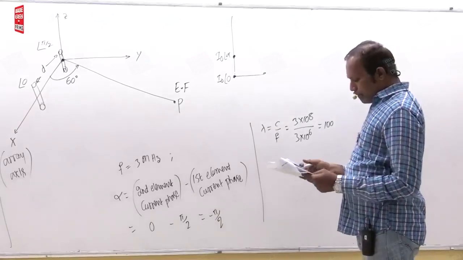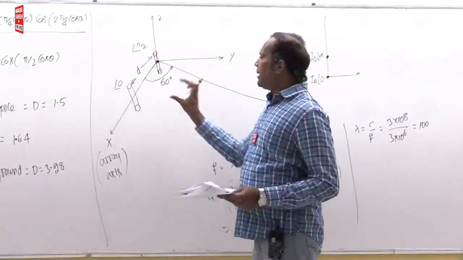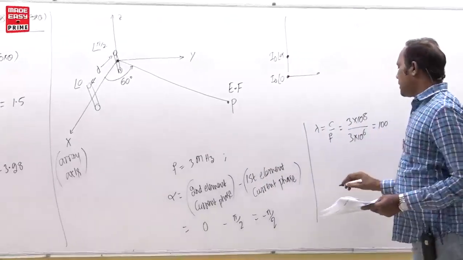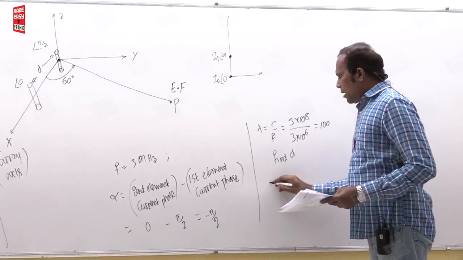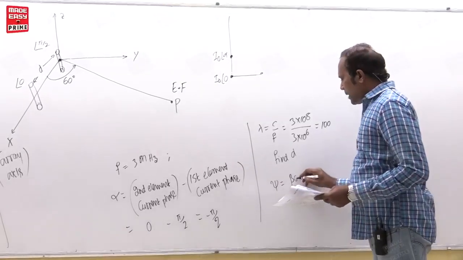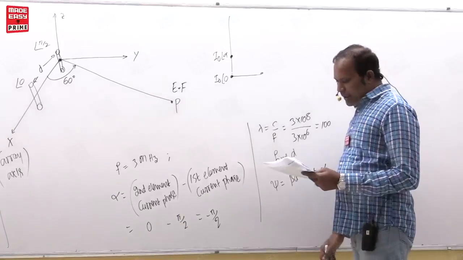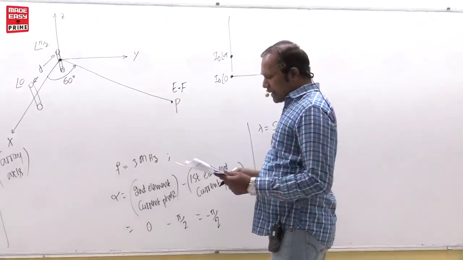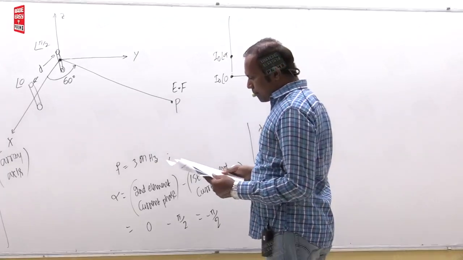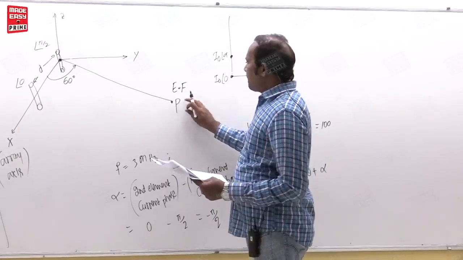Next, you have to find D here. You have to find D. So find D, that is the question. Now psi is equal to beta D cos theta plus alpha. Actually, this fellow is saying maximum radiation is required here.